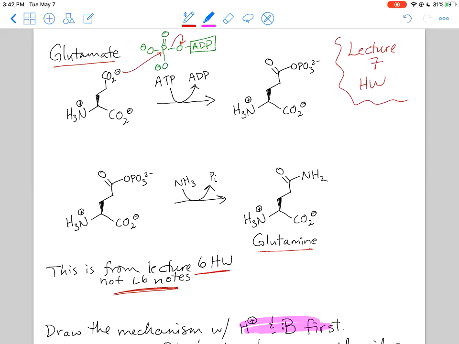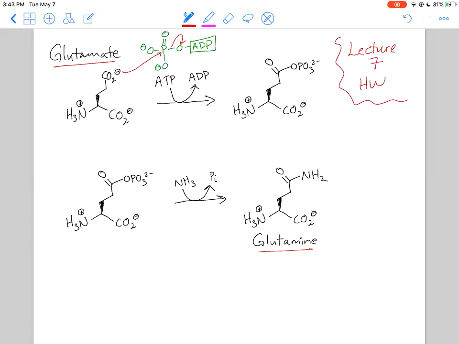Okay, so you'll notice what we're doing in the second step is we're converting this acyl phosphate into an amide, and we need to do that by having the ammonia attack on that carbonyl. I'm going to pause this to make some space.